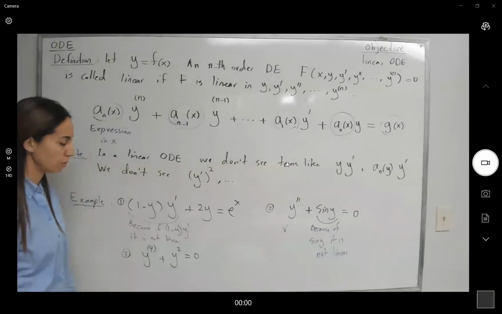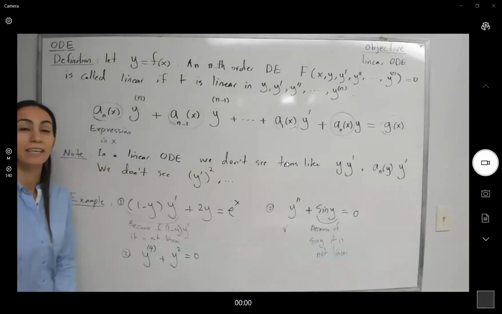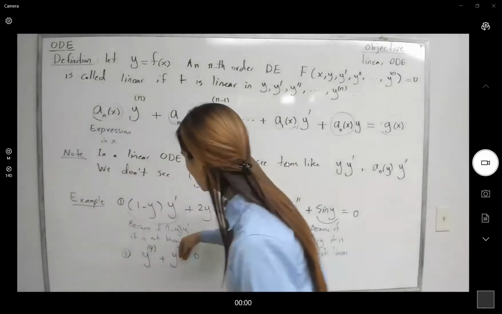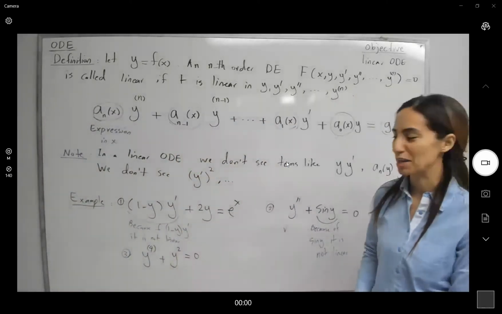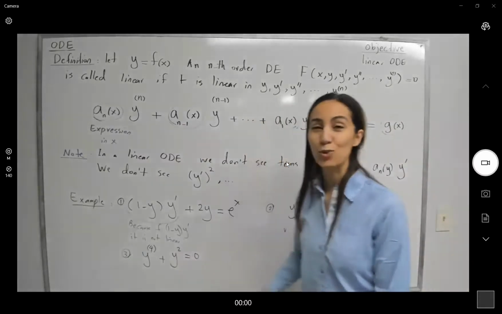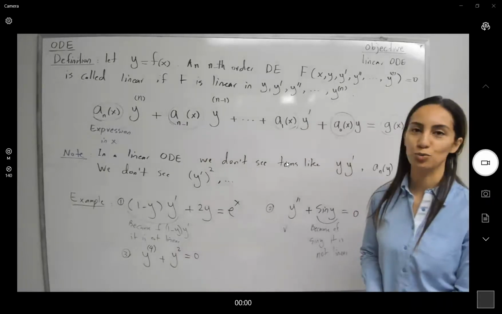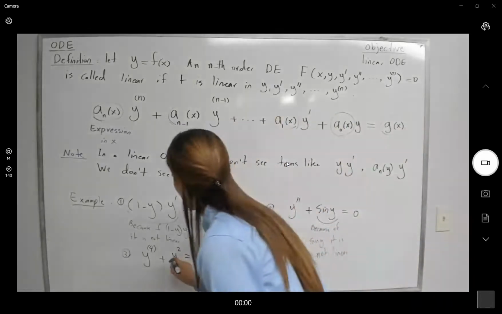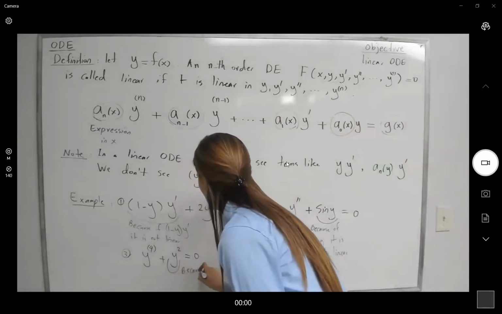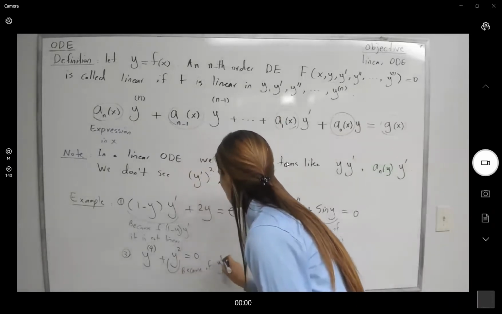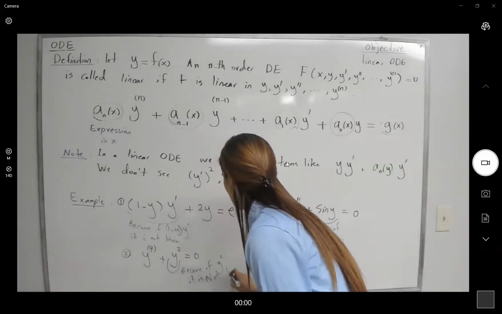We don't have any problem with that. When we move to the next term, it is y squared. Again, if it was just y, then you're happy about it. But since it is y squared, because of this term, it's not going to be linear.